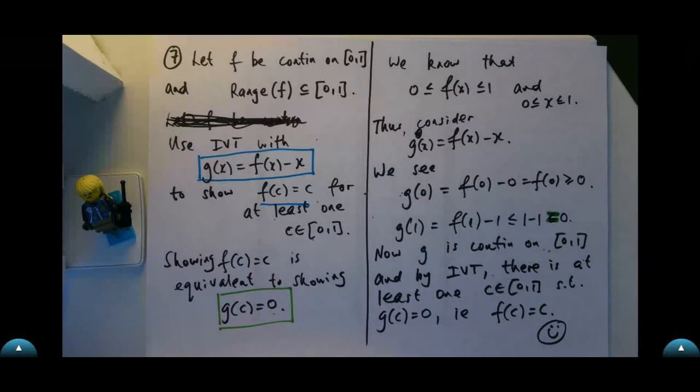Kevin, it's hard to say. It might be true, but the method of solution probably wouldn't work. You probably couldn't use the intermediate value theorem. Okay, it's a good question.